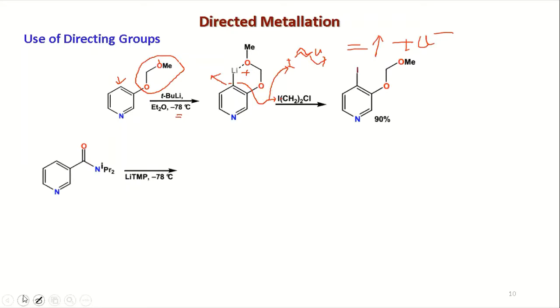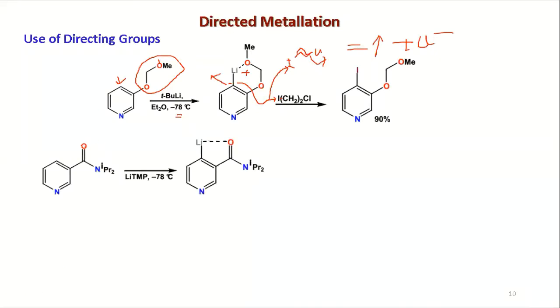Now look at another example. This is another molecule. You are using one lithium reagent. Again, it will prefer to do the lithiation via this directing group.